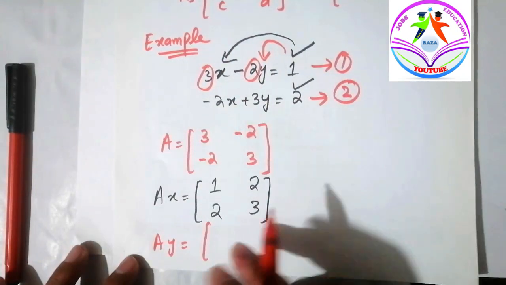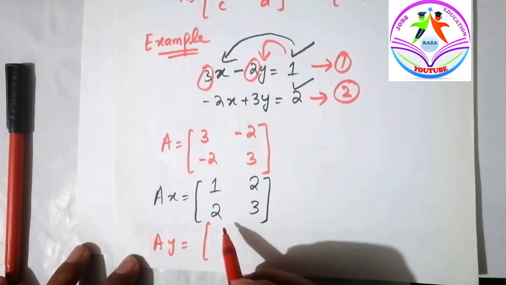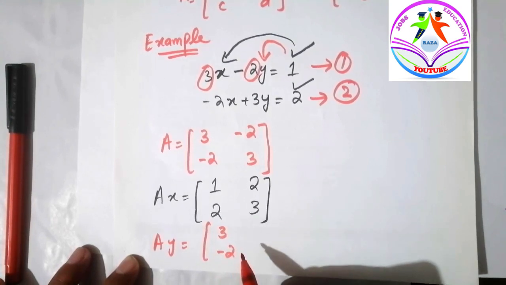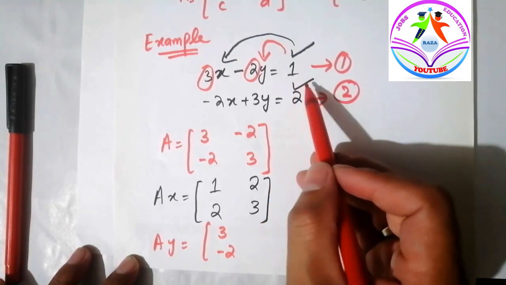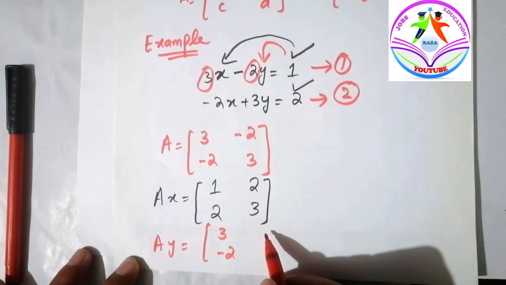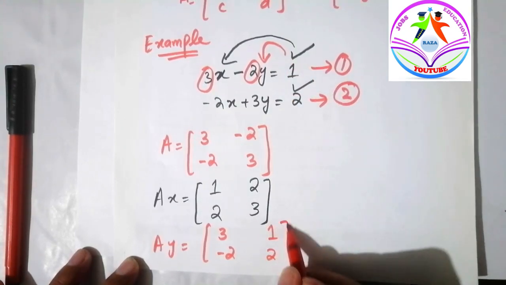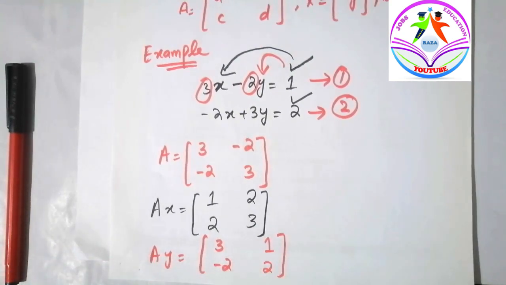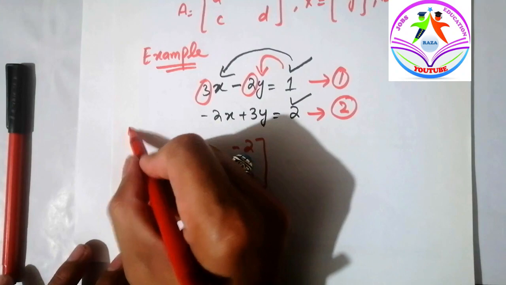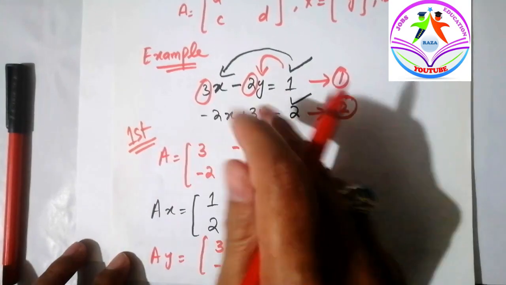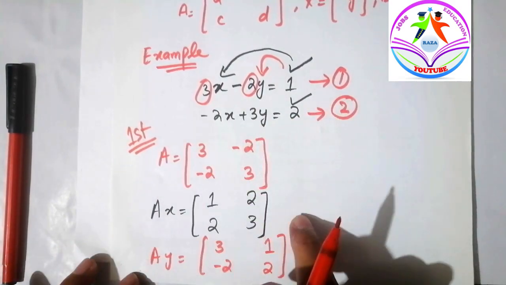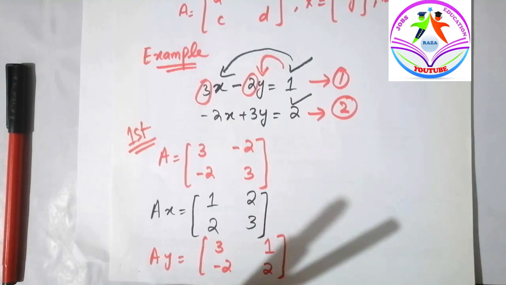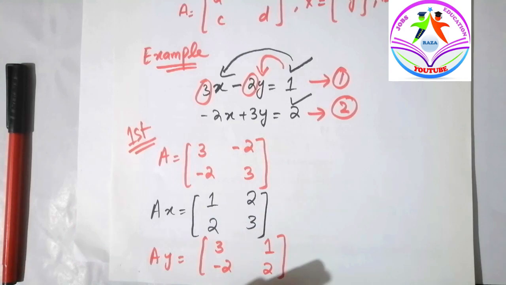So 3 and minus 2, these are the X values, these will remain, and we put the constants 1 and 2 in the Y column. This will make our AY matrix. So the first step is that we use these values to make our AX and AY matrices. Now the next step is to find the determinant of A.